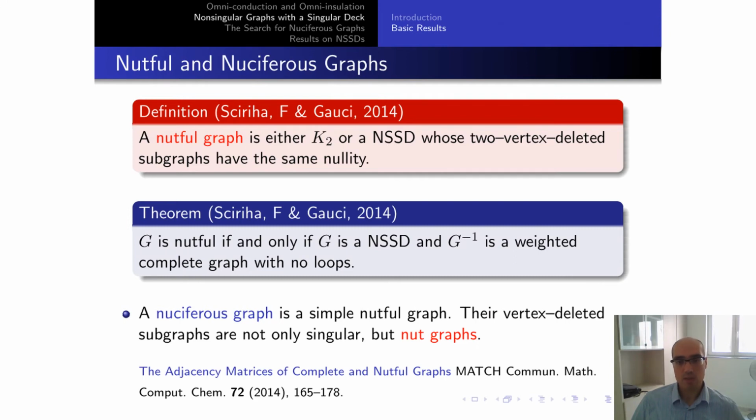It has only zeros and ones in its adjacency matrix. The vertex deleted subgraphs of a nuciferous graph are NUT graphs. And that is from where the word nuciferous comes from. Nuciferous means not producing. And in fact, these are not producing because when you remove any vertex from a nuciferous graph, you end up with a NUT graph.